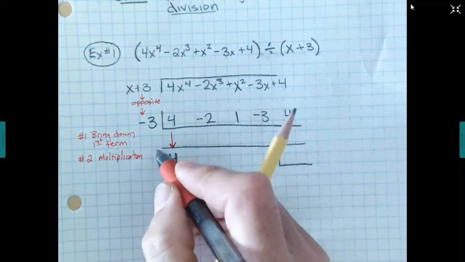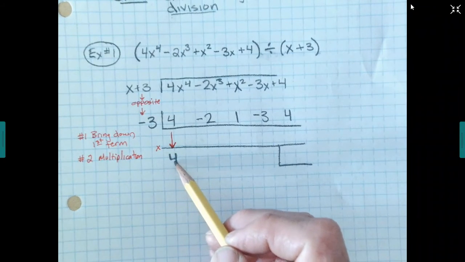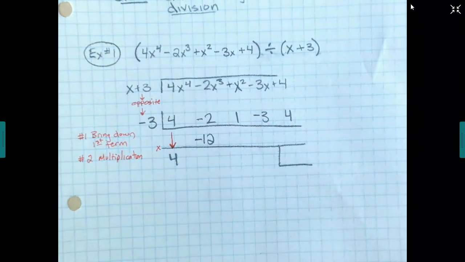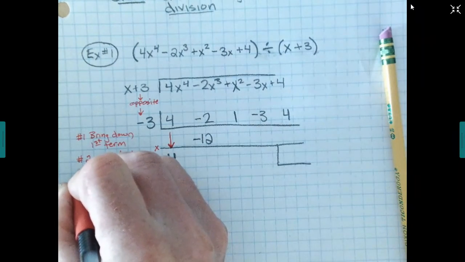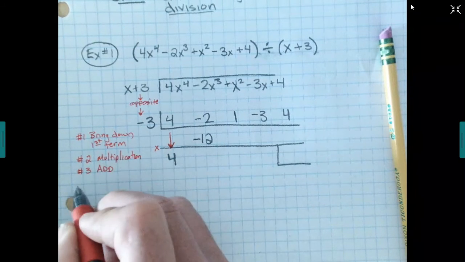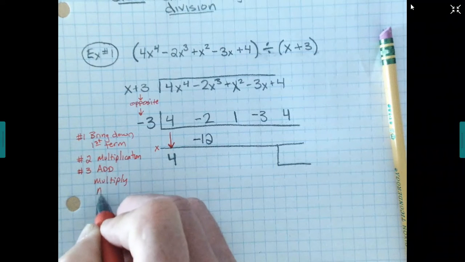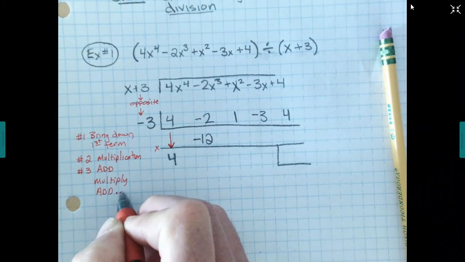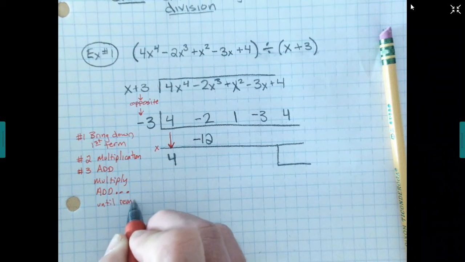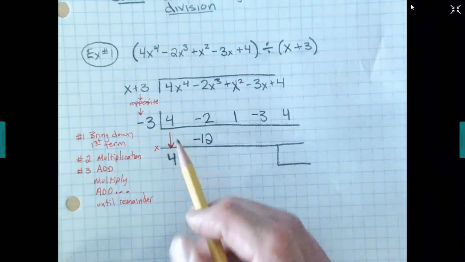Now the multiplication is here, -3 times 4. -3 times 4 is -12. And then my next step is to add. And then multiply and add, and so on until I get the remainder. Okay? So multiply, add, multiply, add, multiply, add.